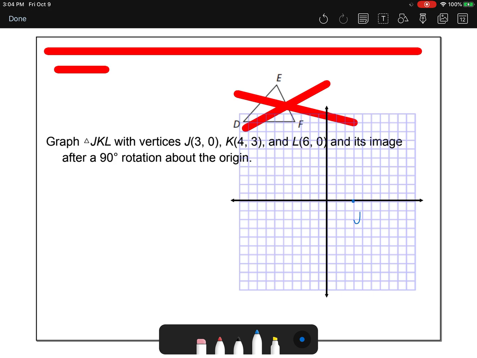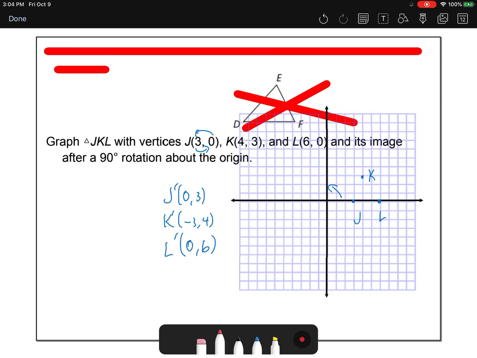Okay, so J is 3, 0, K is 4, 3, and L is 6, 0. So if we're going to do a 90-degree rotation, guys, again, all we're going to do is flip them and negate the first one. Well, there is no negate. It's 0, 3, because you can't negate 0. Negative 3, 4, it should be K prime, and 0, 6.